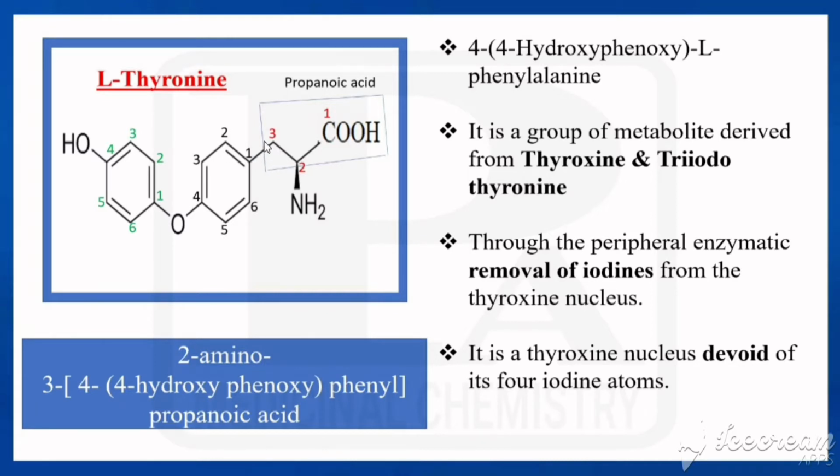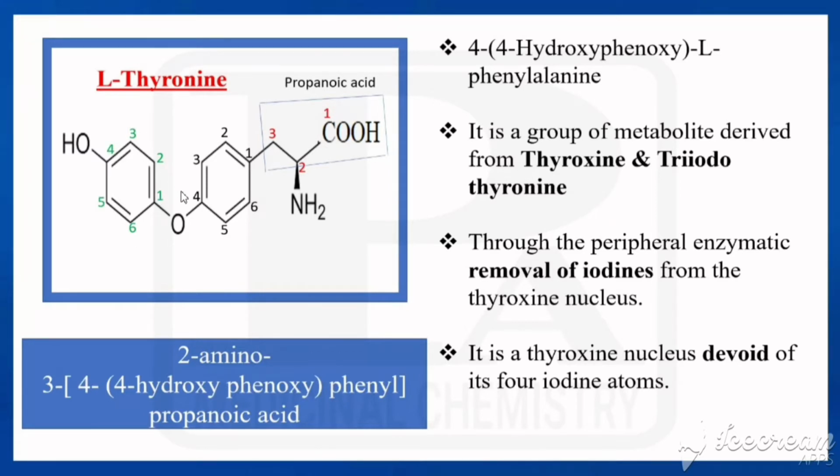Now we are going to tell the name by means of this one. Here we have chosen this as a parent: 3 carbons, 1, 2, 3. Three carbons means propane, and that one has an acid, so that is propanoic acid. We have chosen propanoic acid as the parent. In that propanoic acid, what all would be attached? Second position is attached with an amino group. Third position is connected with this one, which is connected with para-hydroxyphenyl.